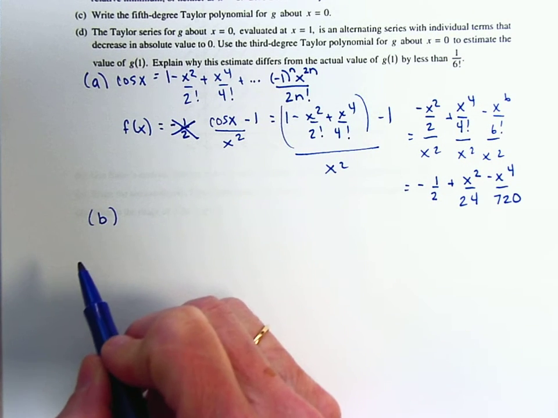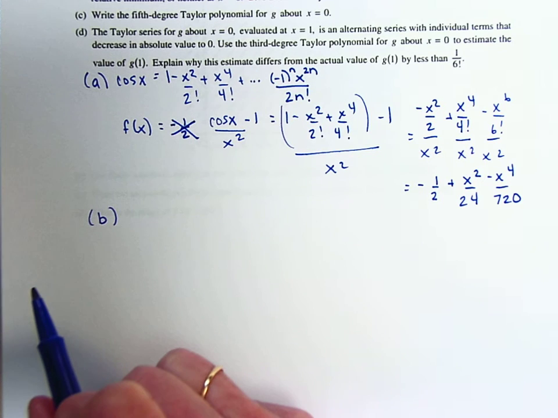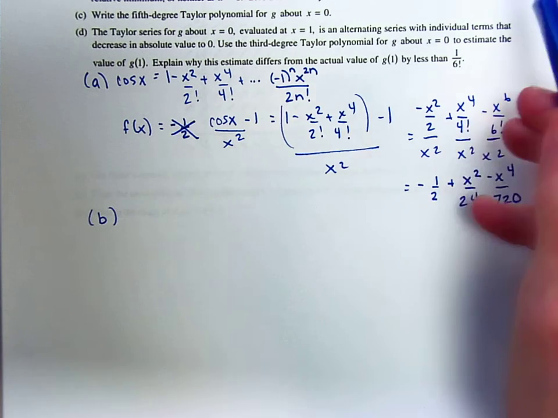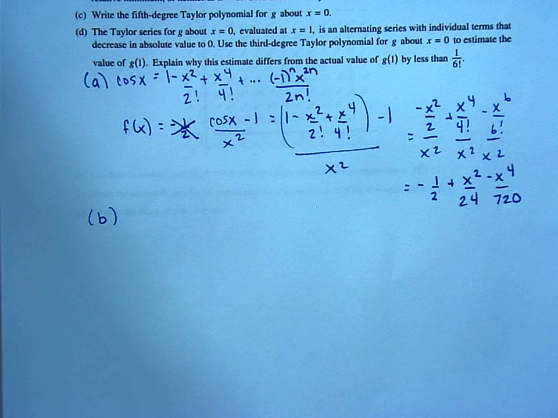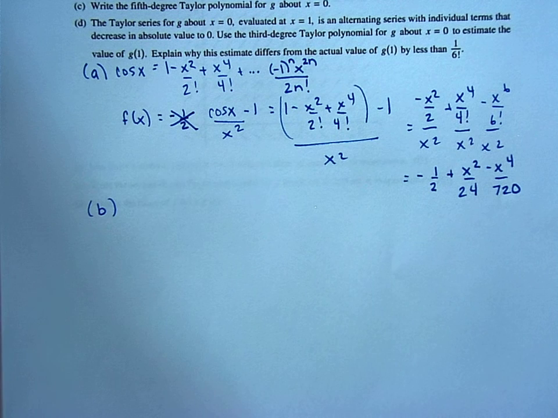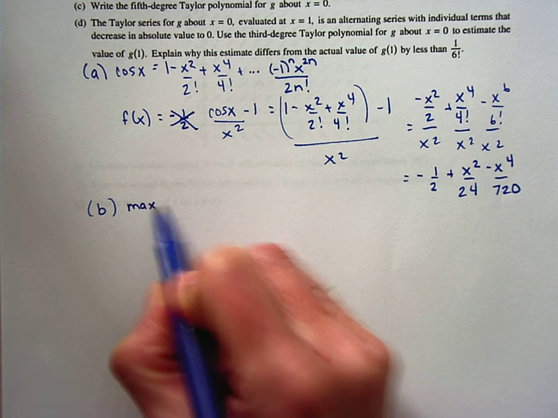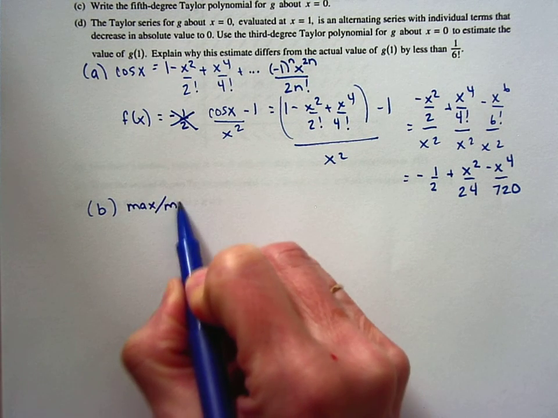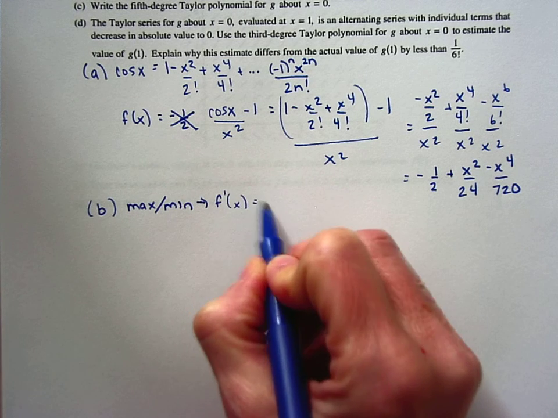Use the Taylor series for f about x equals 0 to determine whether f has a relative max, relative min, or neither. When we have a max or a min, what do we know? We know that happens when f prime of x is equal to 0.